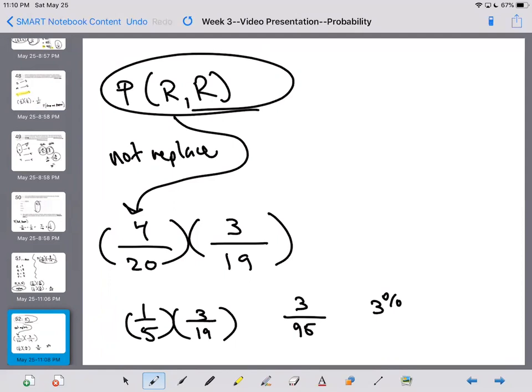So you've already taken out your total number from 4 red marbles to now 3, and your total denominator changed from 20 to 19. So that's just to be careful if you have a situation like that and you want compound probability, but whether you're replacing or not replacing, it does change your total, which changes your denominator.